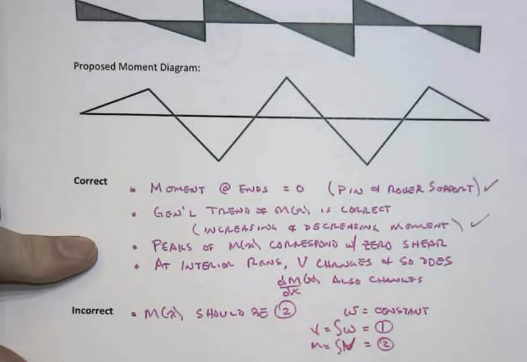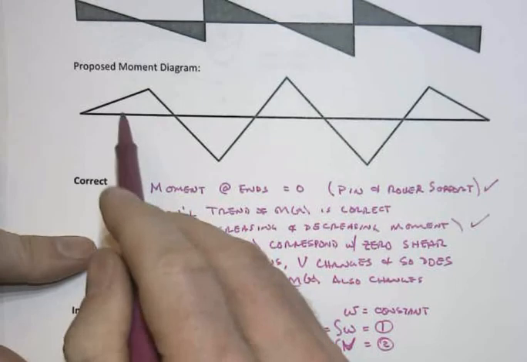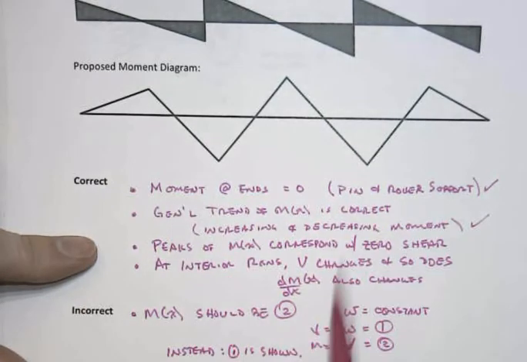And that's not the case. Instead, first order is shown, and that's everywhere. So that automatically makes this incorrect, although it does follow the general pattern that we expect to see, but that makes it incorrect. And that's the primary thing that is incorrect here.